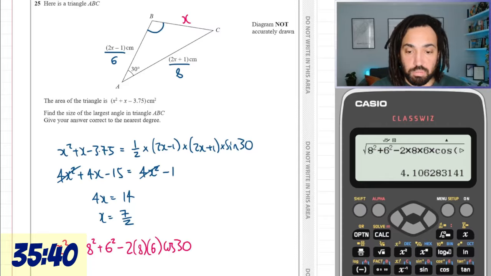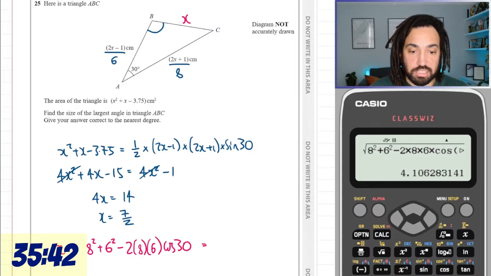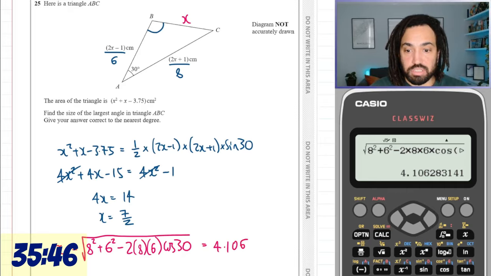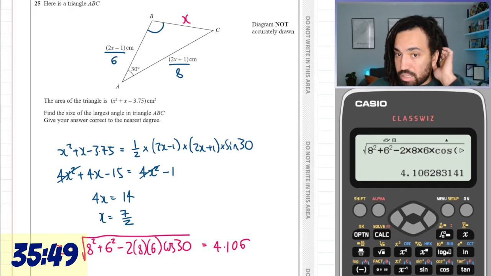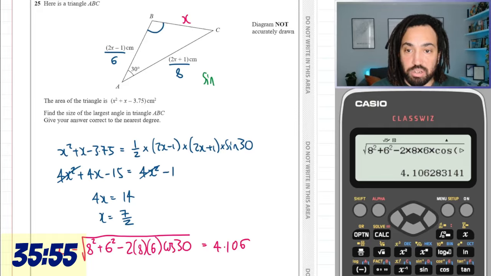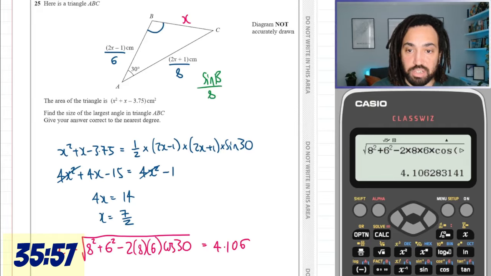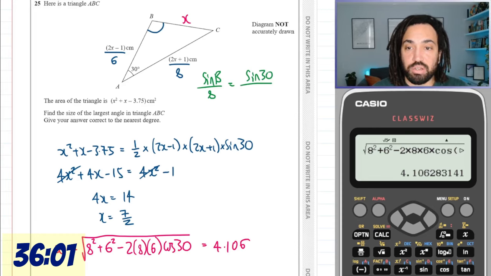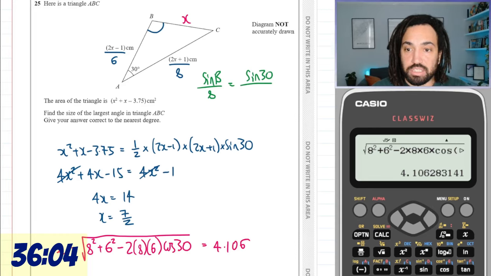So x is equal to the square root of 4.106. Okay. So now we can use sine rule to find this angle here. So sine of capital B over the opposite side of 8 is equal to sine of the angle we know over the side length which is opposite it, which we also know.